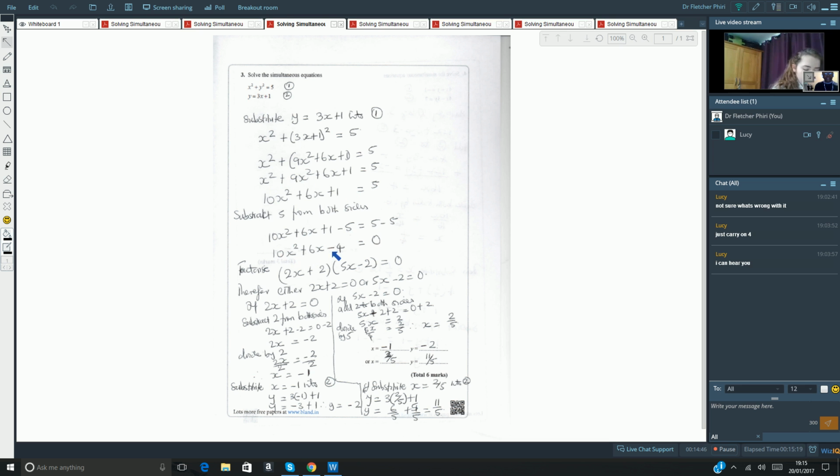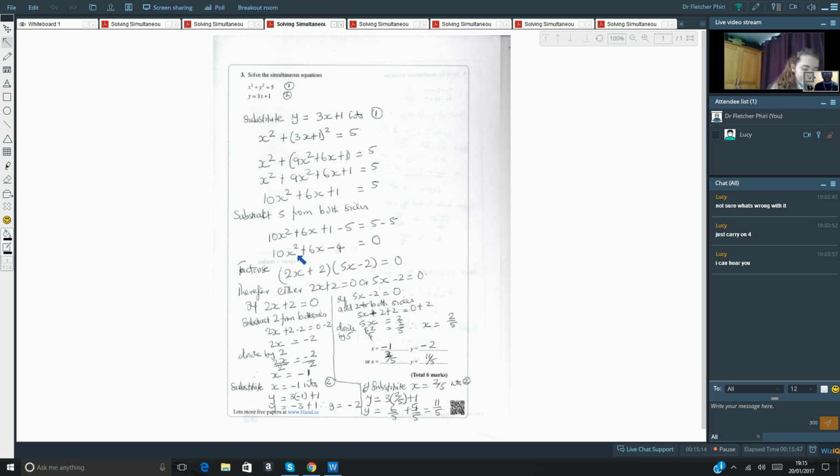So what I have now is 10x squared plus 6x minus 4 is equal to 0, which is a quadratic equation. We could have solved that by either completing the square or using the quadratic formula, but I've chosen to factorize. To factorize this, I have (2x plus 2) and (5x minus 2) is equal to 0.